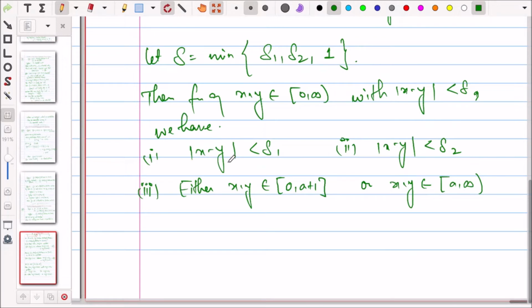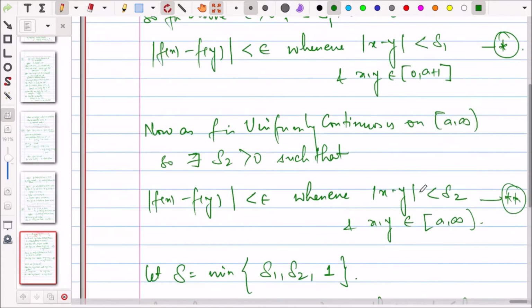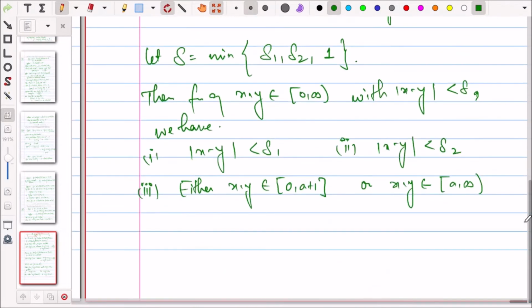Now |x minus y| is less than delta 1 and less than delta 2, and either x, y belong to this or x, y belong to that. If x, y satisfy this condition, then we get |fx minus fy| less than epsilon. If x, y satisfy the other condition, we again get |fx minus fy| less than epsilon. So in either case we get that.